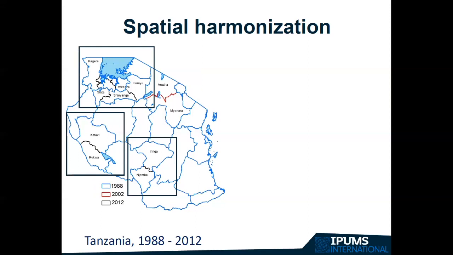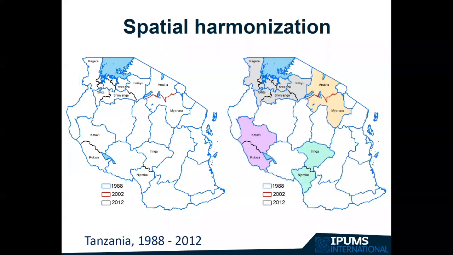Now, if you are a researcher, let's say studying changes in women's labor force participation in Tanzania regions, your areas for comparison across the years have also changed. So what spatial harmonization does is combine these regions into broader and bigger units that remain stable through time. Each colored unit here is a combined unit that is stable.